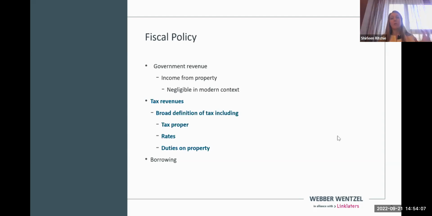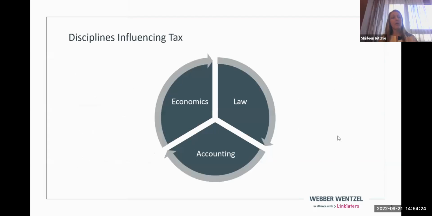When we talk about tax revenue at the fiscal policy level, we take a broad definition of tax. So you would have taxes proper, like income tax and personal income tax, but you would also take rates and taxes from a property perspective, even at the municipal or local government level, and duties on property.